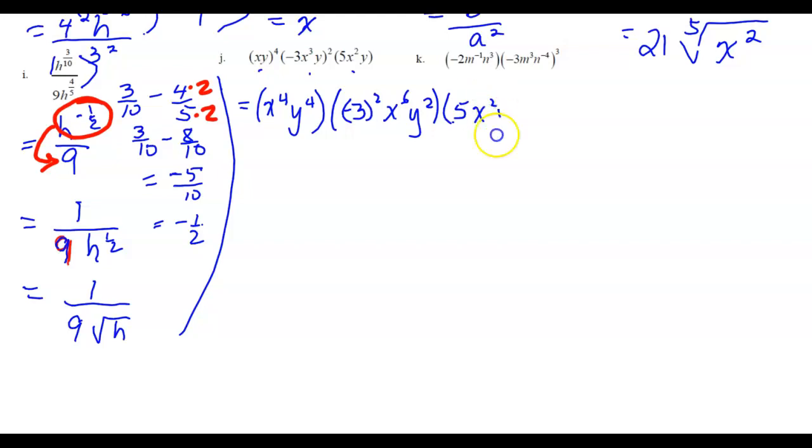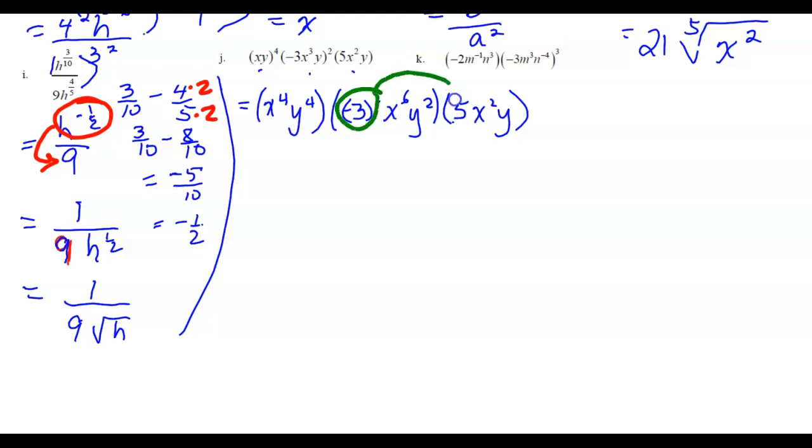So I'm going to move my work for k down a little bit lower, just so that I don't squish it all in. Okay, so coefficient. There's nothing in front of the x to the fourth, so it's a 1. Then we have this multiplied by the 5.